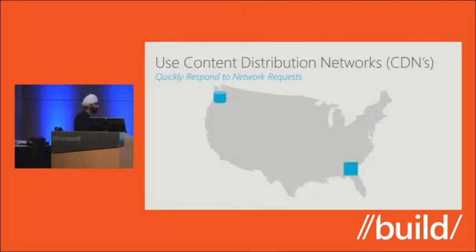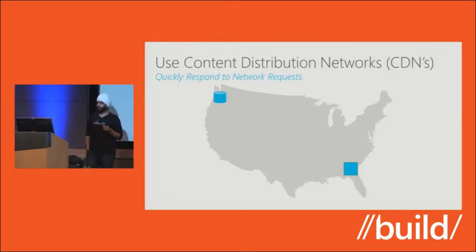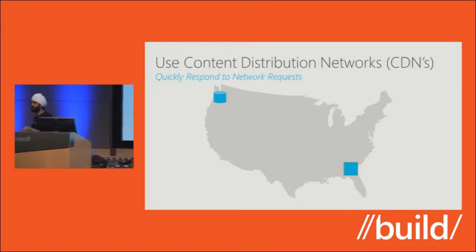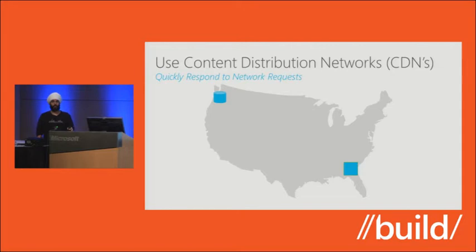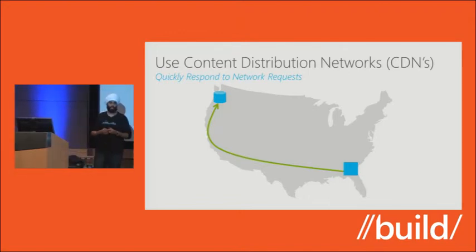Okay, when appropriate, use content distribution networks. I'm sure most of you are familiar with CDNs, but let's talk about a scenario. If we had a user out in Atlanta, Georgia, and they were talking to a server in Redmond, Washington, if that request was to go straight across the country, it would take 2,500 miles, but it's actually not. It's actually circling through quite a few different routes, sometimes going up through California on its way to Washington.